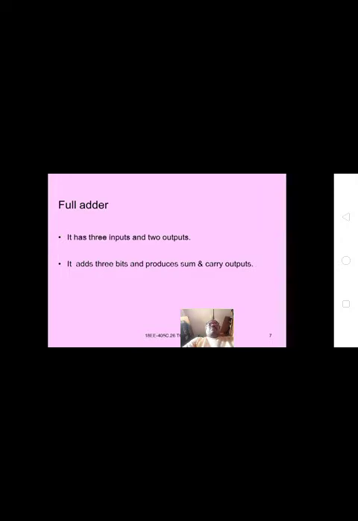The only difference between full adder and half adder is that half adder has only 2 bits, but full adder has 3 bits. The outputs are the same for both, that is sum and carry.